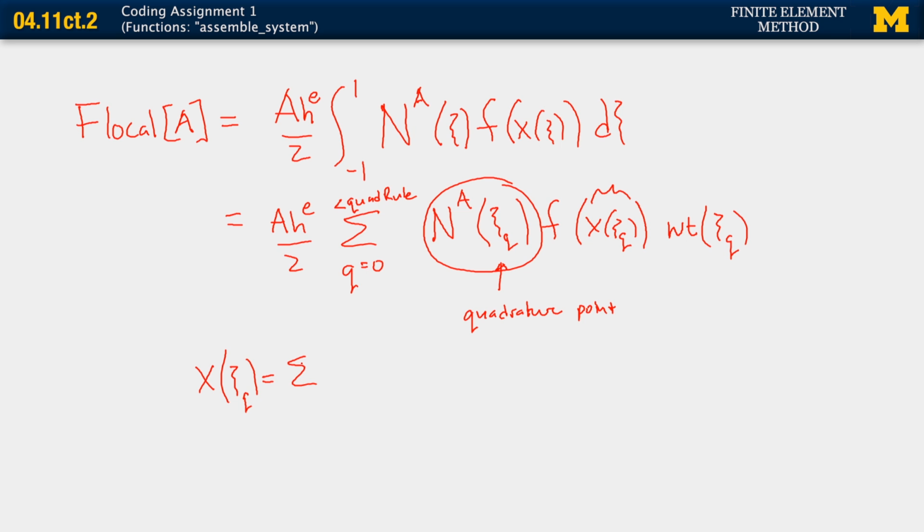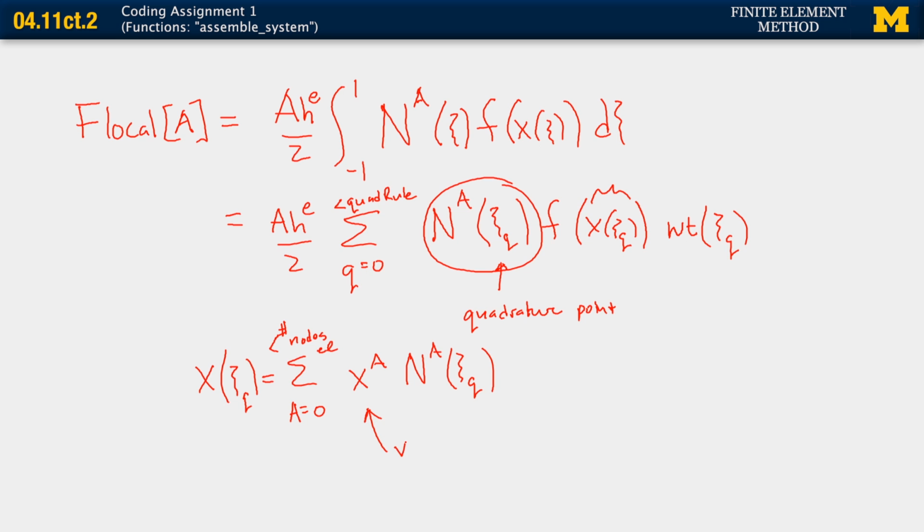So what will we do? We'll start at a equals 0, and as long as a is less than the number of nodes in the element, we will take x_a times our basis function evaluated at xi_q. And what do I mean by x_a?